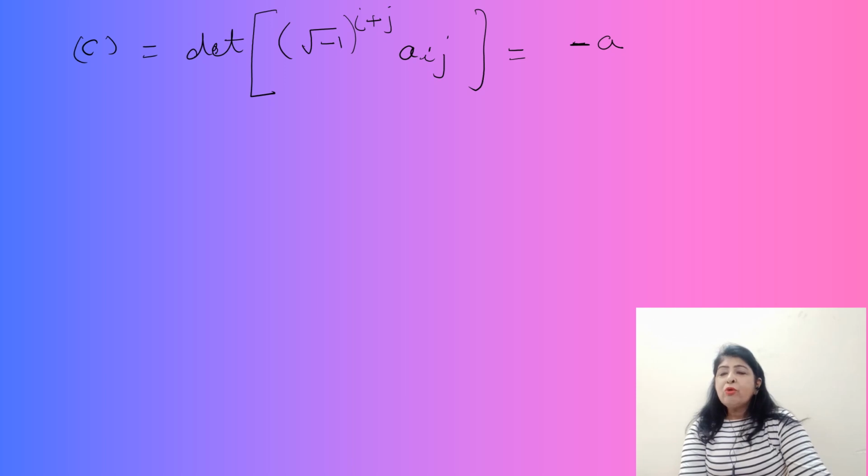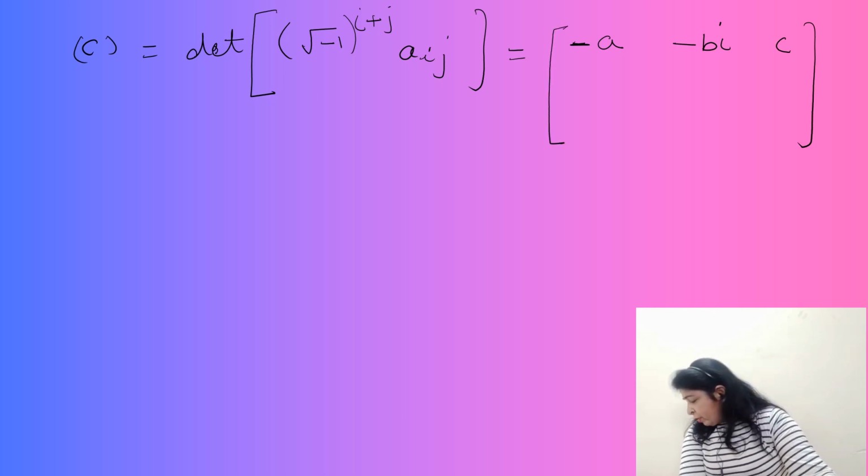Then iota raised to power 1 plus 2, that is 3, so iota cube, so minus b iota. Then 1 plus 3 is 4, iota to the 4 is positive, so it will be c. So similarly we can write these elements.